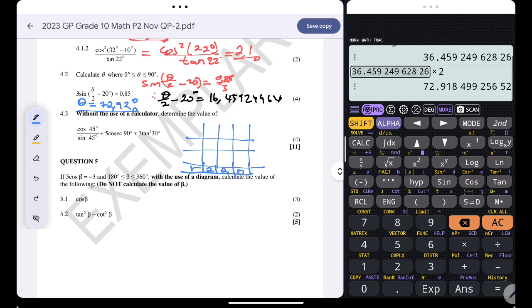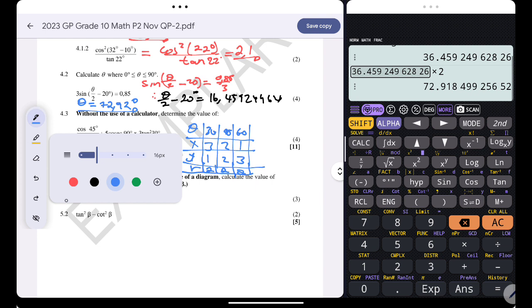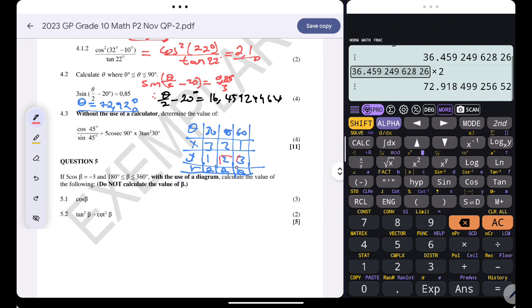R for all of them is 2, right? And then for y, you start saying 1, 2, 3. 1, 2, 3 for x. We have theta here, it's 30, 45 and 60. And then all you need to do is to just put the square root for both x and y. Note that I'm not putting the square root for 1 because the square root of 1 is simply 1.